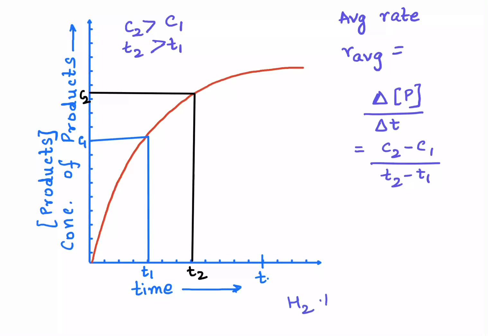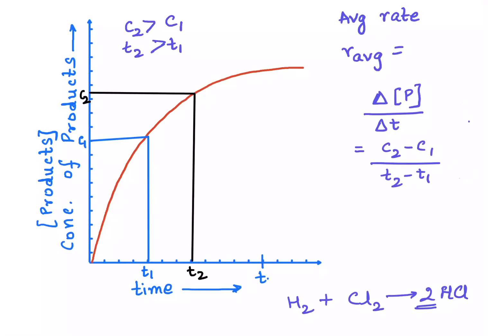Supposing I was talking about the reaction H2 plus Cl2 gives me 2HCl. Now here 2HCl has a coefficient 2. Then in that case, I would have divided this expression by 2. That is only if there is a coefficient. So I hope this makes it clear.